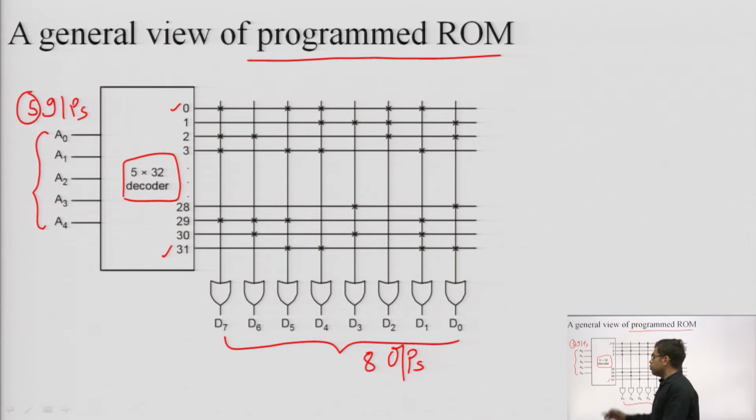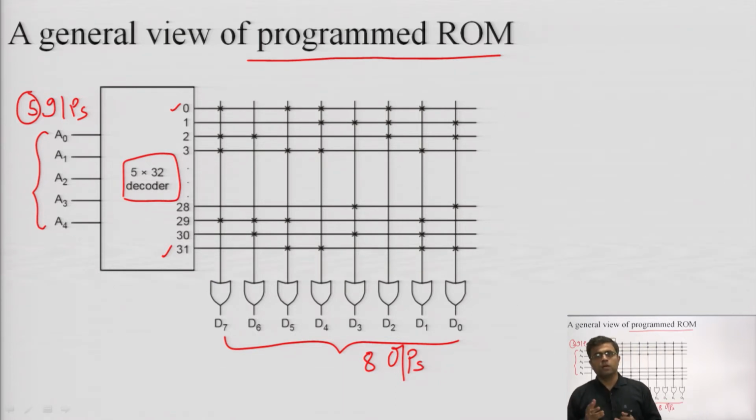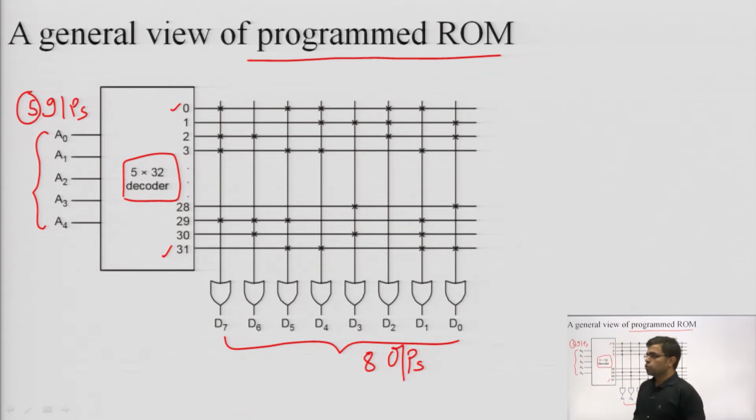Out of those 32 products, the decoder is generating the products only. If you go to the internal structure of the decoder, it is only the product of these inputs in various combinations. That means it will be generating all possible minterms. Now whichever minterms are required as per your application requirement, you can simply choose those minterms and add them by using an OR gate.